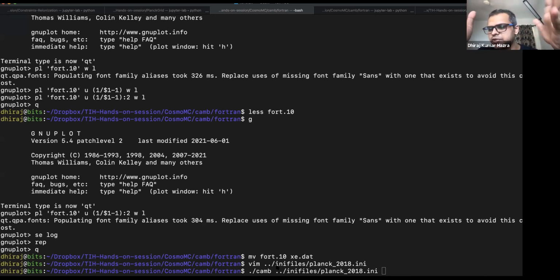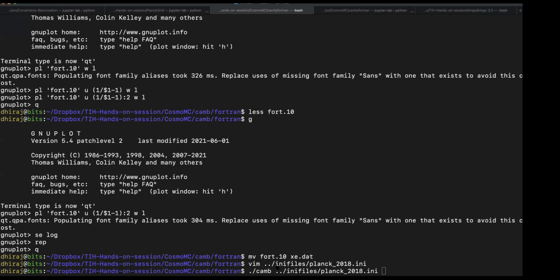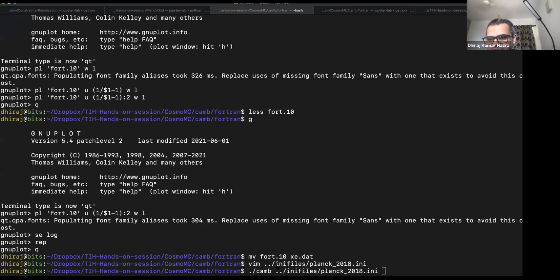You put them together, then you solve them. You get the scalar power spectrum. You convert that, and then you get the angular power spectrum. All the things are actually done whenever you run this file.